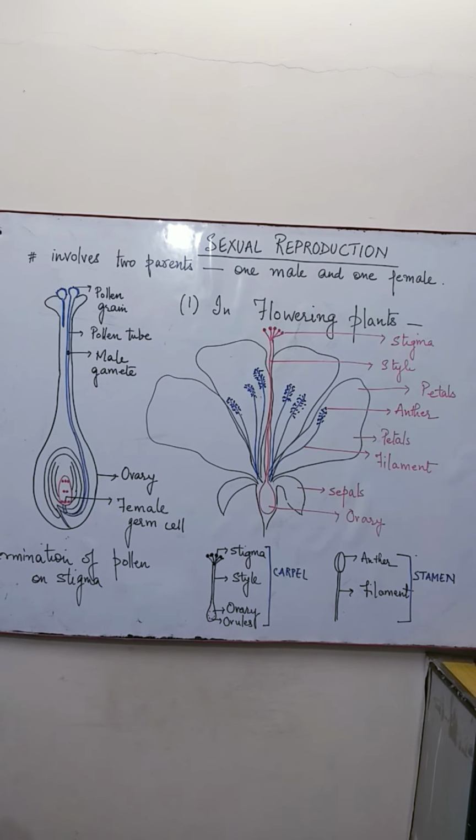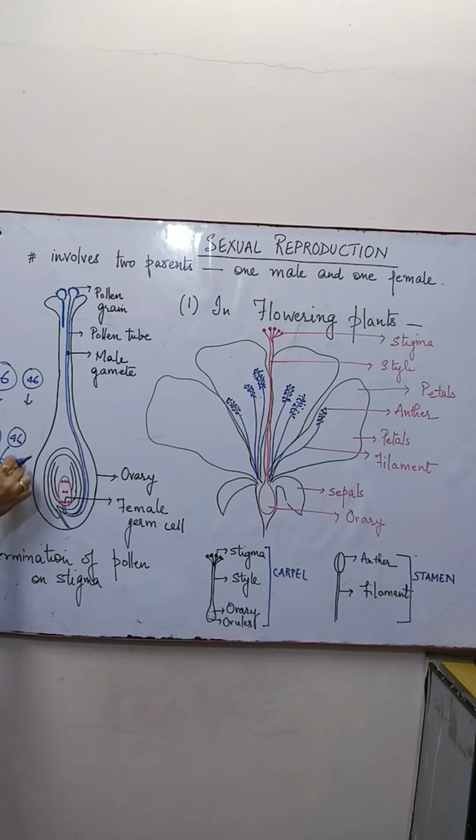Now if we are combining one male and one female, let us take the example of human beings. Human beings have 46 chromosomes. If these chromosomes are transferred as such in the form of a gamete, and the female also contributes 46 chromosomes in a gamete, this will result in 92 chromosomes in the offspring, and subsequently it will again combine.